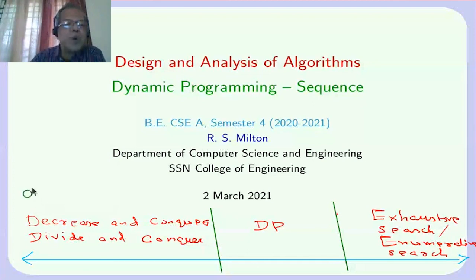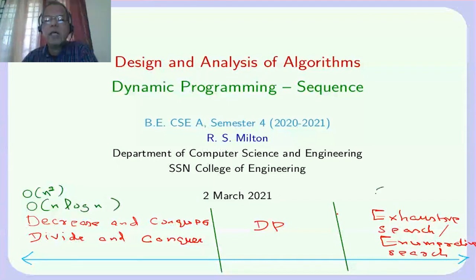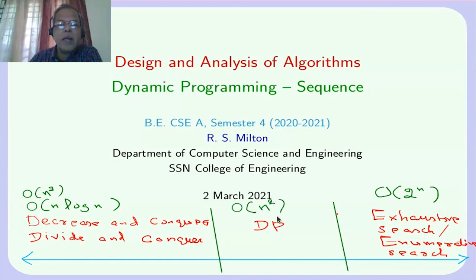Typically, this is big O of a polynomial such as n squared or big O of n log n or something like that. Exhaustive search or enumerative search is often exponential. And DP in between is again polynomial, n squared or big O of n cubed and so on.